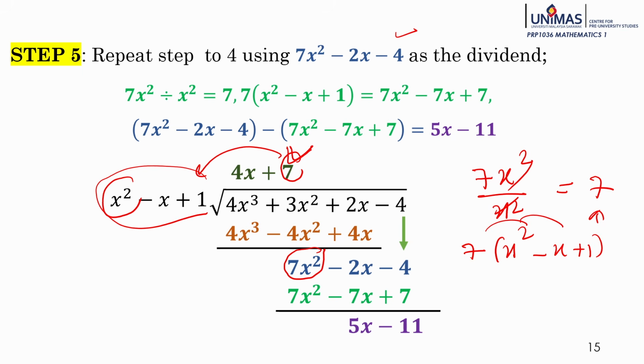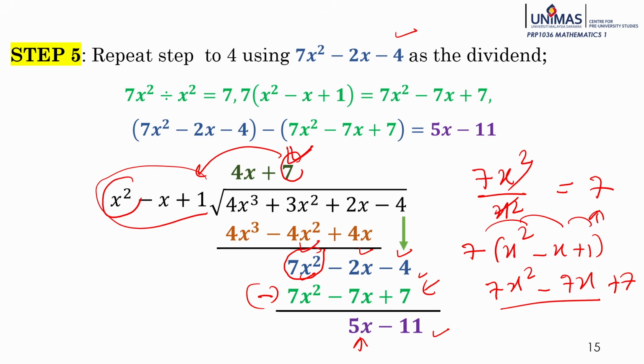When we expand one by one, we get 7x squared minus 7x plus 7. This answer we put here, and the next step is subtract. This one minus this one is 0. Negative 2x minus negative 7x gives 5x, and then negative 4 minus 7 gives negative 11.